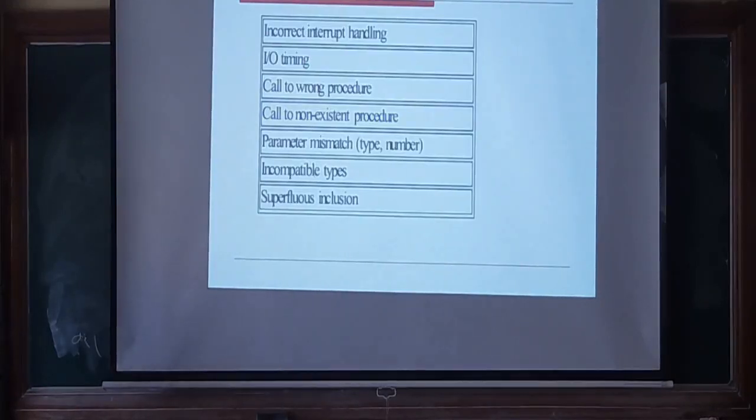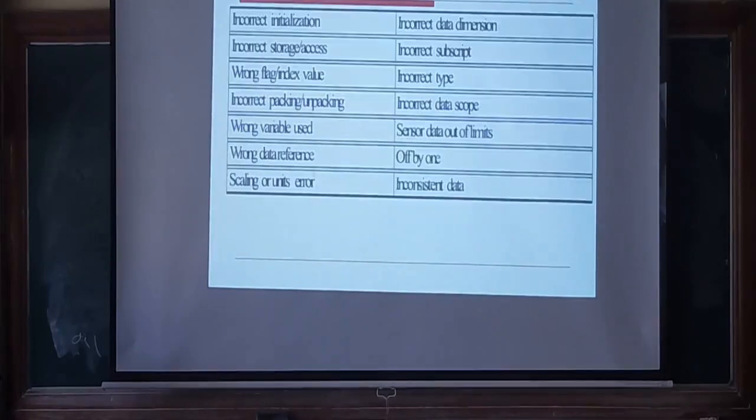Similarly, interface faults can be another category, where the faults are caused in the interface part of the software. So incorrect interpretation, interrupt handling, I/O timing, call to wrong procedure, call to non-existent procedure, parameter mismatch, incompatible types, superfluous inclusion, etc. are the faults which can be categorized as interface faults.